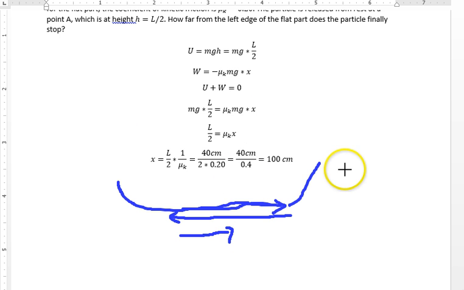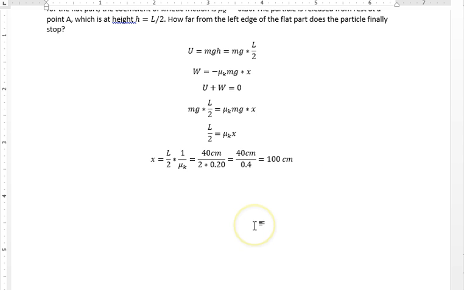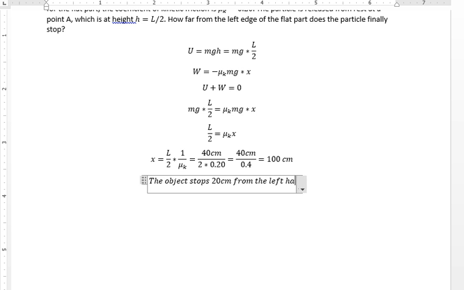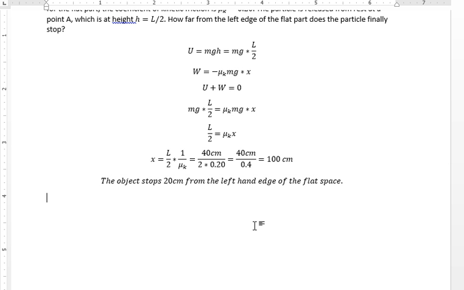So the answer to this is that the object stops 20 centimeters from the left hand edge of the flat space. Right? 20 centimeters from the left hand side. So it goes all the way across, all the way back, and back across.